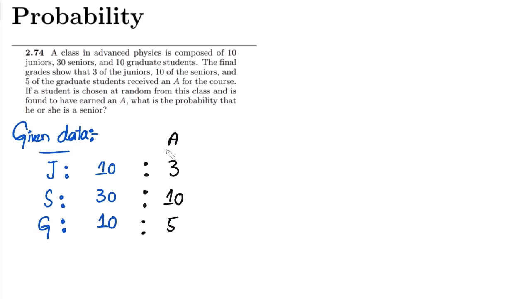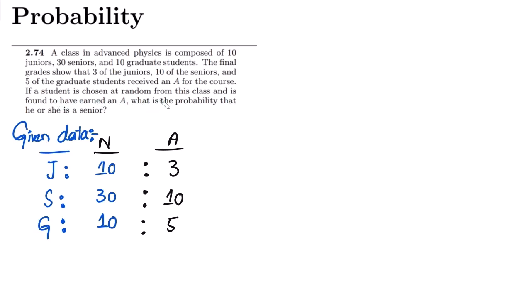These are the grade A students, these are the total number of students, and these are the symbols I have been using for the different cadres of students.